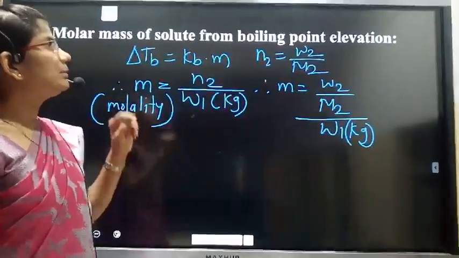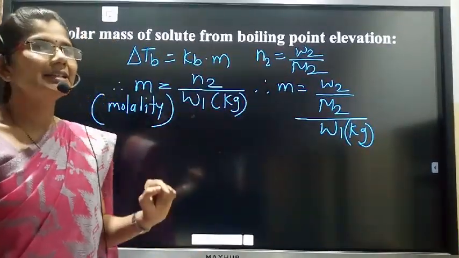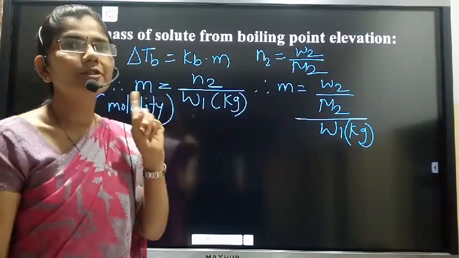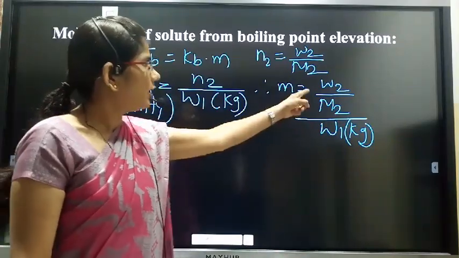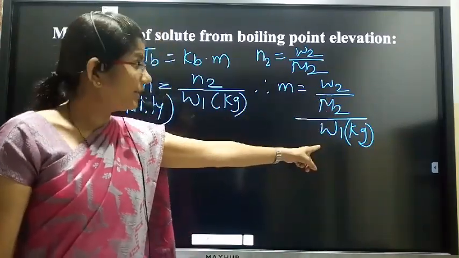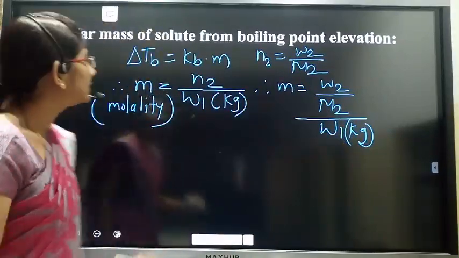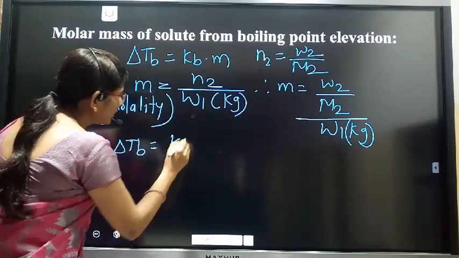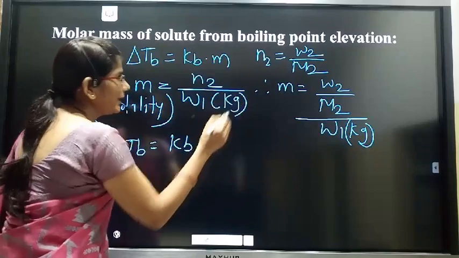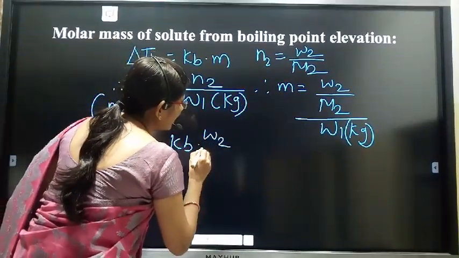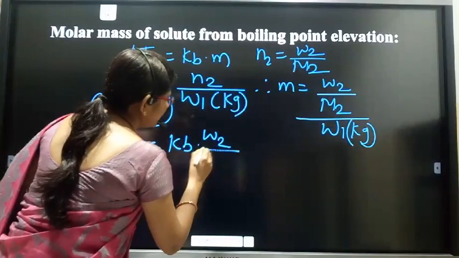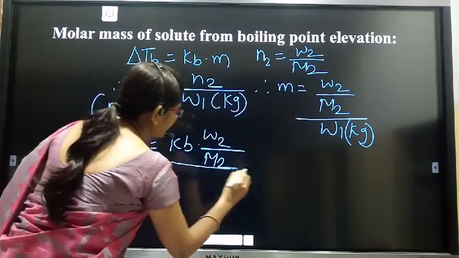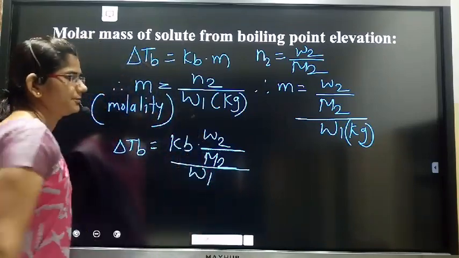But when we calculate the number of moles of either solute or solvent, the weight and the molar mass of the solute are in gram units. So these two are in gram, and the weight of solvent is in kilogram. Therefore delta Tb is equal to Kb into m, that means W2 upon M2 divided by W1.